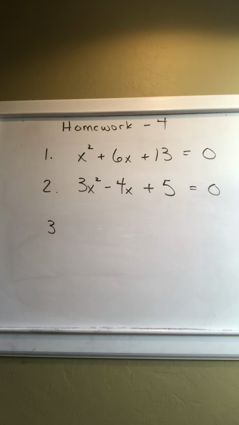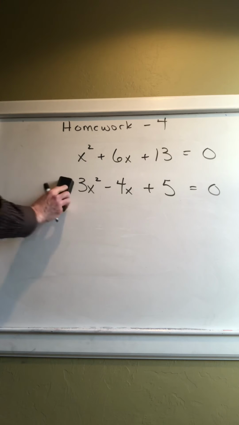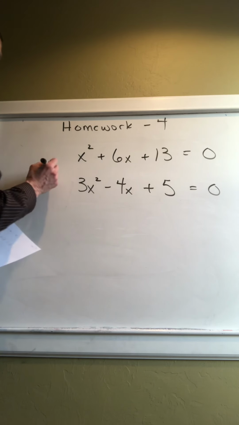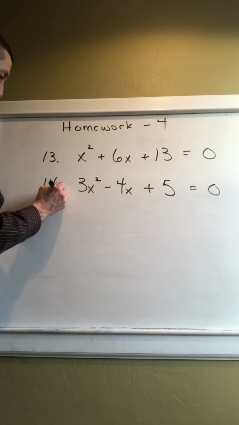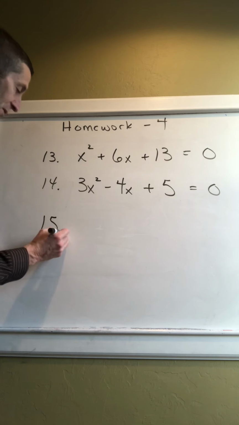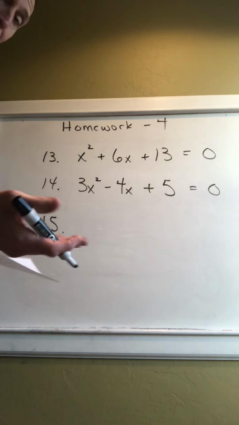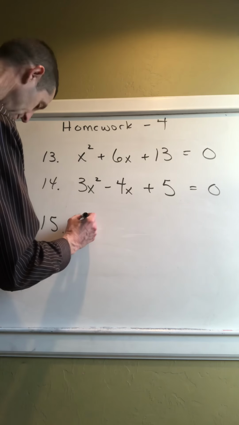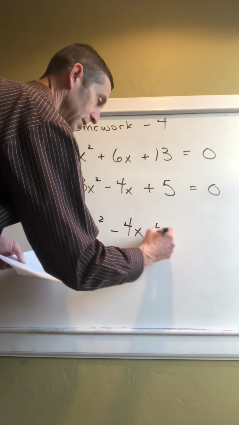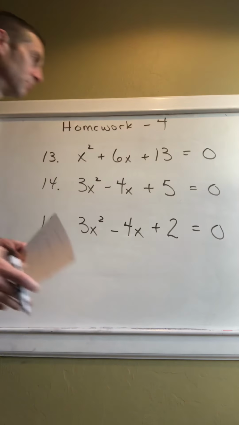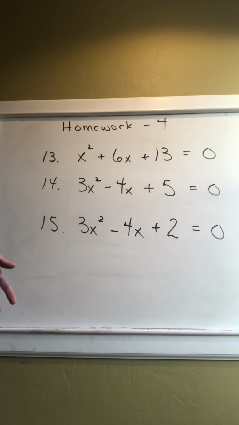Sorry about that, my numbering system. Let's get the right numbers on there. So we left off at 12, so this is 13, this is 14, and 15. So only 3 problems on this assignment. It's so bad there's only 3 problems. So here we go. 3x squared minus 4x plus 2 equals 0. So here's your homework assignment for homework 4. You've got 13, 14, and 15. But only 3 of them this time. That's how bad they are.